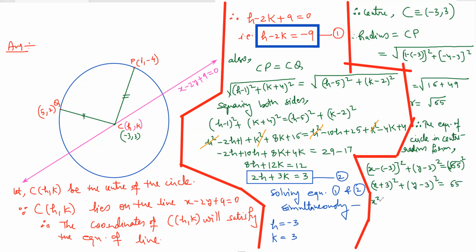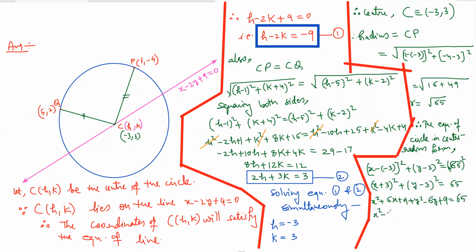So you got x² + 6x + 9 plus y² - 6y + 9 = 65.